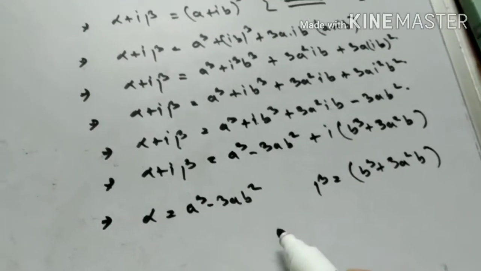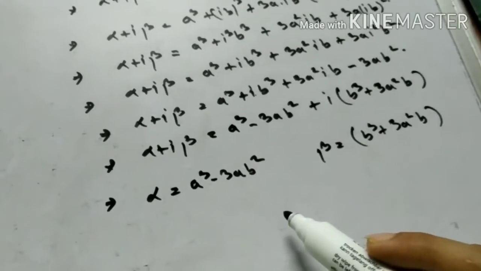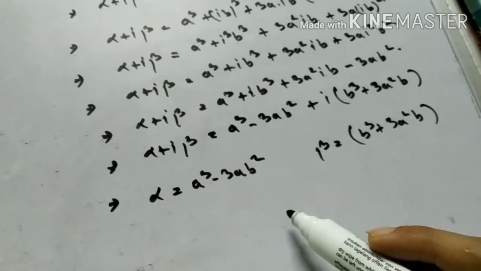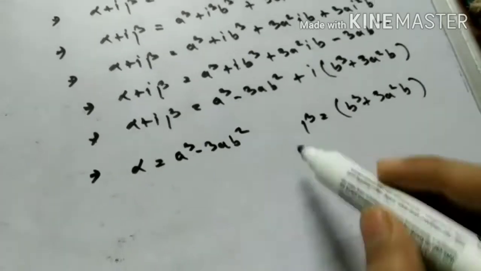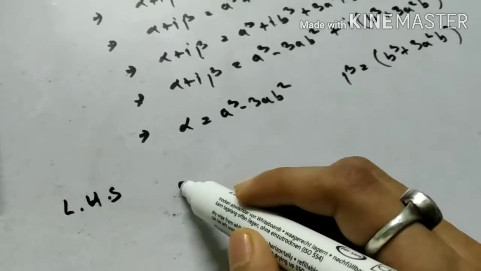Okay, so what I have to find here, for the real numbers, is that alpha by a plus beta by b is equal to 4. So I got the alpha and beta values. Now I will take the LHS.